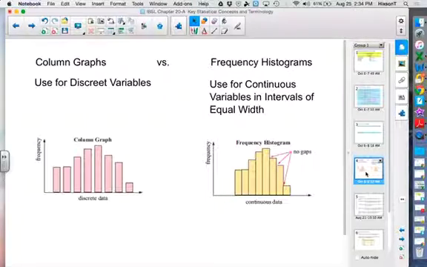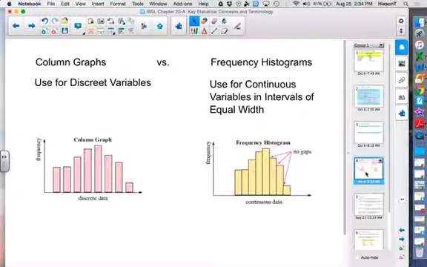Continuous data will use a frequency histogram. Okay? And what we do is we divide it up into intervals or classes, like we said, of equal width. Okay? So like 2-inch height ranges or something like that. But notice there are no gaps between these when we draw it.